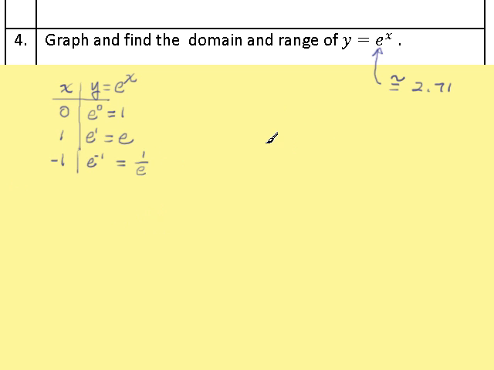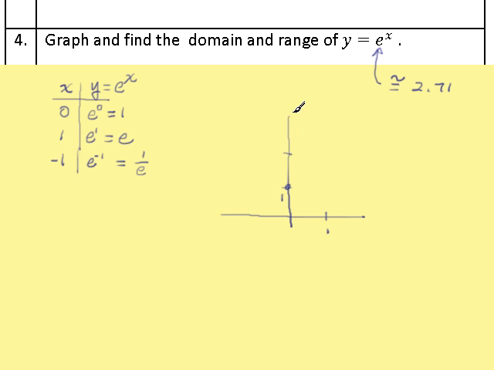Not too many values, but we know the approximate shape of this curve. Because it is an exponential where the base is greater than 1, we know it's going to go up here, go through 1, and down, and have a horizontal asymptote here. So let's make this 1. Let's plot the other values. e to the 1 is e. Here's 1.